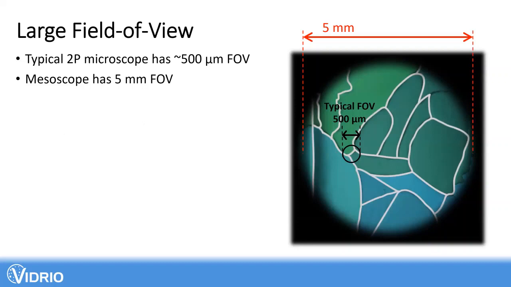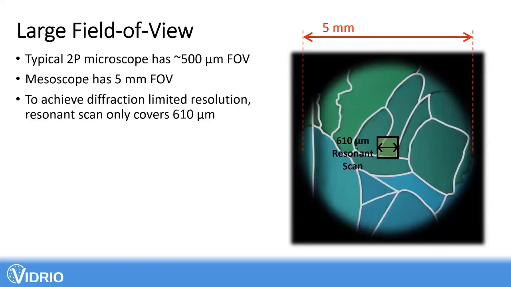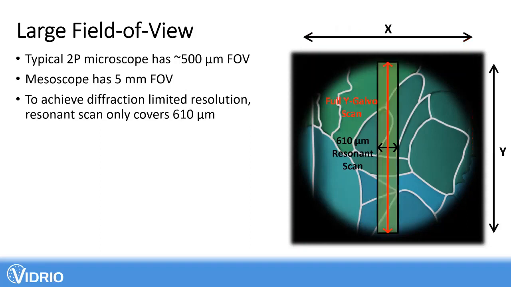This has 10 times that, right? If you want to achieve diffraction limited resolution with the resonant scanner, you can only cover 610 microns in the lateral direction. Then you'd obviously have to scan the full Y galvo scan to cover the 5 millimeter field of view.